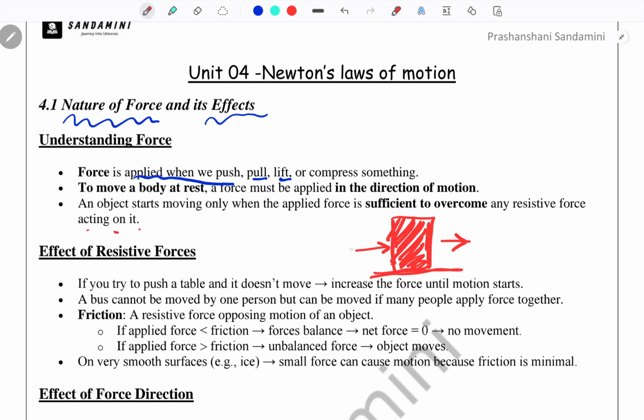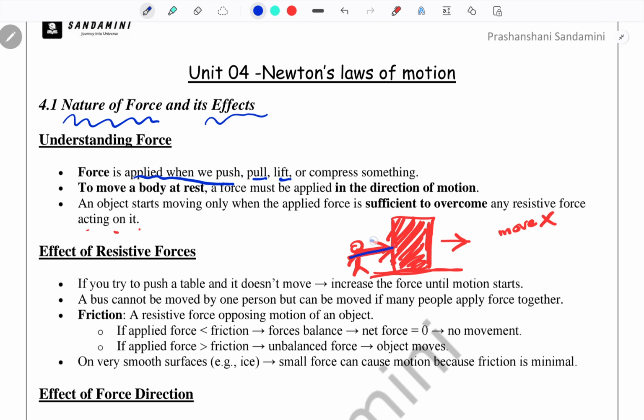So you try your best by applying a force like this. What happened? Initially it doesn't move. There is a resistive force. Resistive or resistance means ප්‍රතිරෝධයක් තියෙනවා, or maybe an opposite direction force.